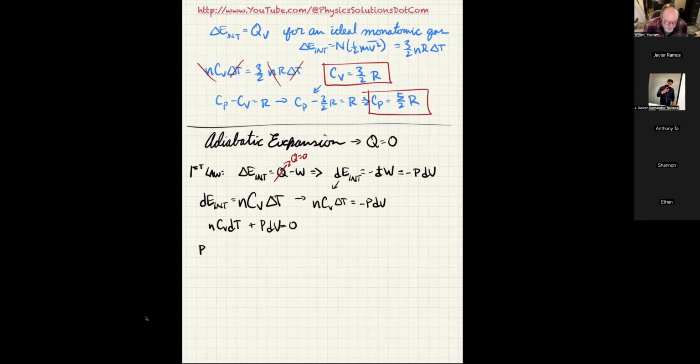We can also treat the ideal gas law separately. If we take PV equals N times R times T and consider taking a differential of that, the left-hand side is a product rule. So we'd have P times the derivative of the second, dV, plus the second, V, times the derivative of the first, dP, and that's got to be equal to N times R, both of which are constants as long as we're dealing with a sample of gas that none can escape, times dT.